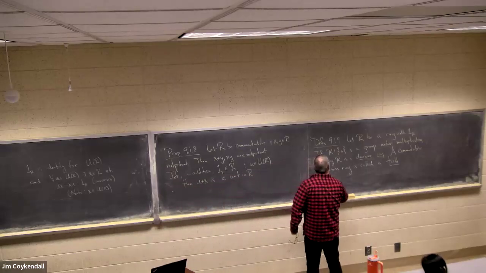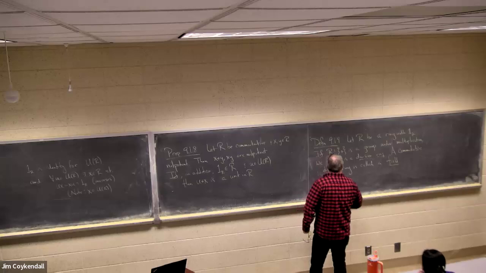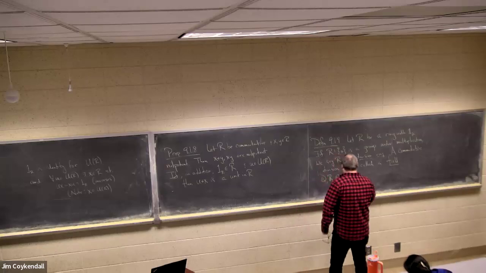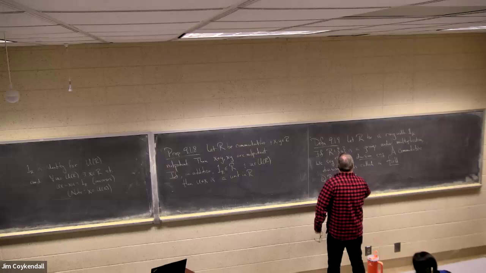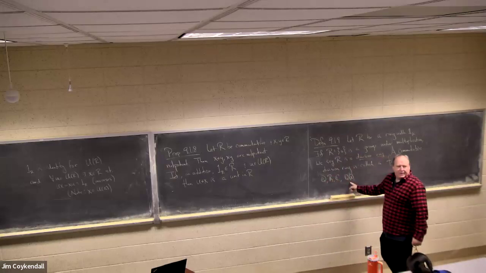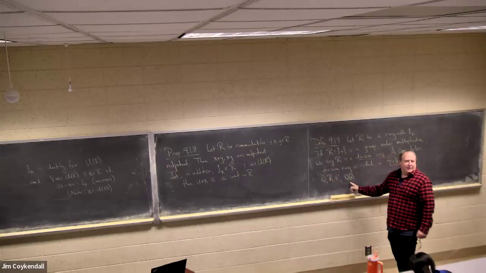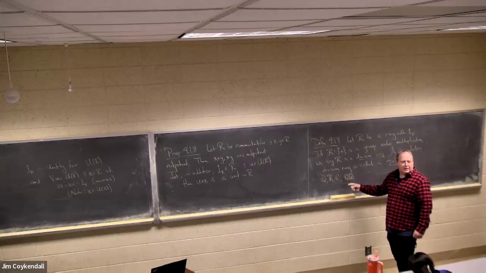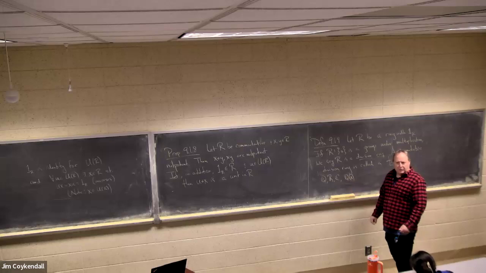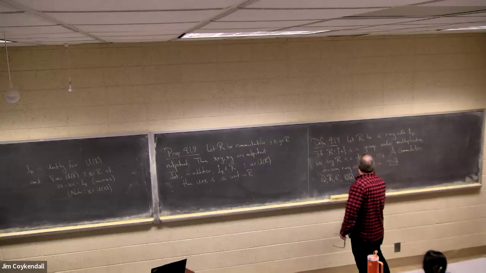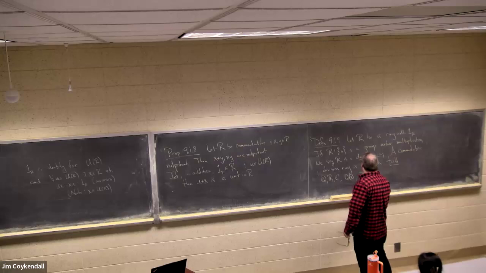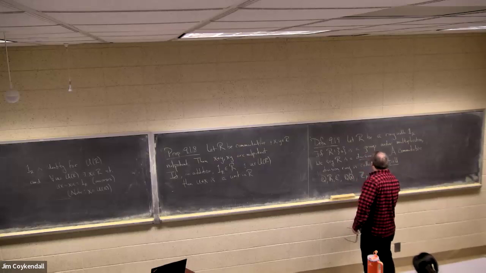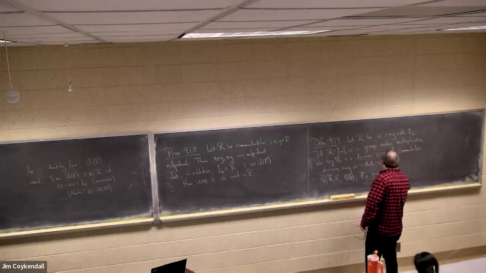Q, R, C, and rational functions, the quotient of two polynomials with coefficients in Q, are all fields. Z mod P for P prime are all fields.